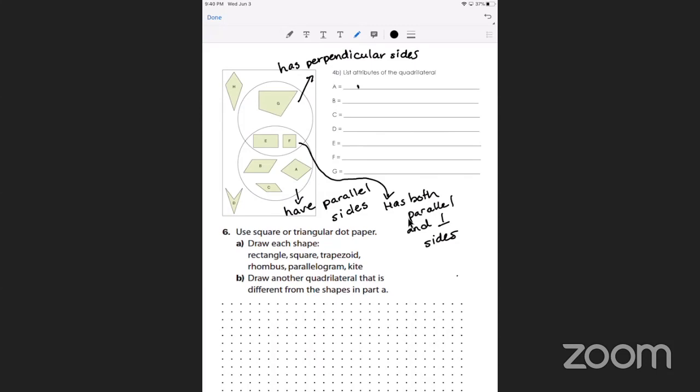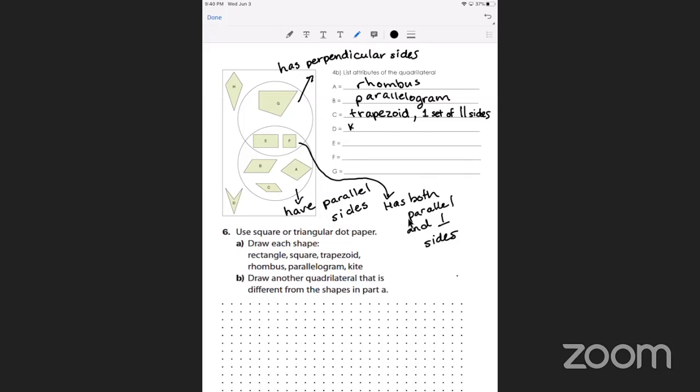So A is a rhombus, B is a parallelogram, C is a trapezoid, and it has 1 set of parallel sides. And that's our symbol for parallel, is 2 railroad tracks.